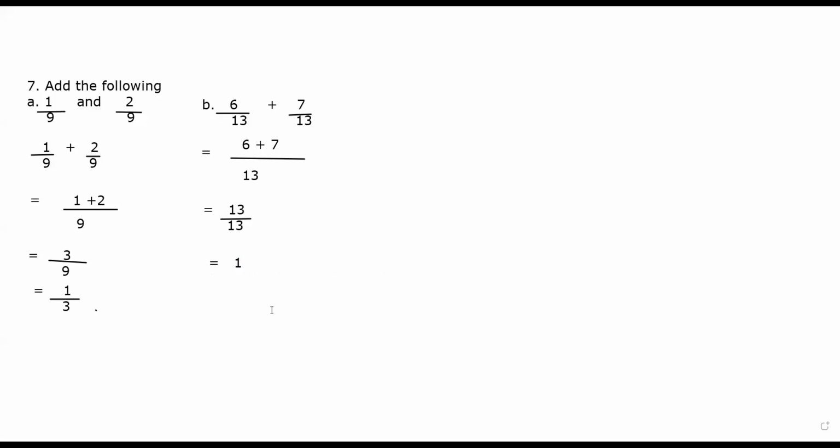Now the third one is 3 upon 7 and 5 upon 28. We just need to understand. The parts are 3 upon 7 and 5 upon 28.